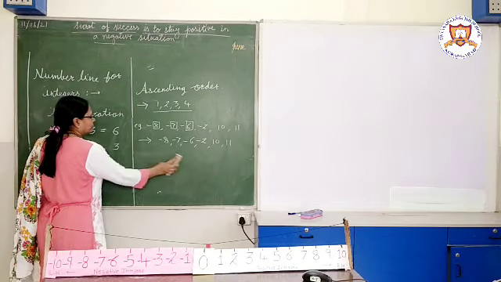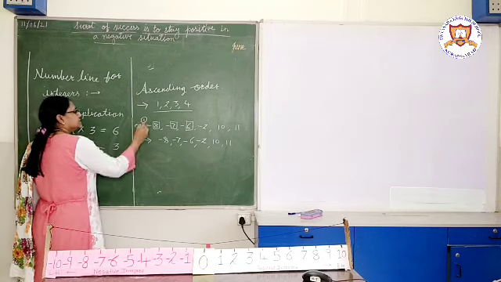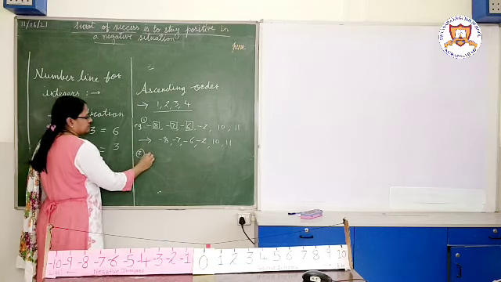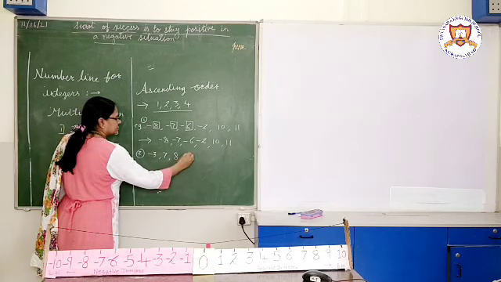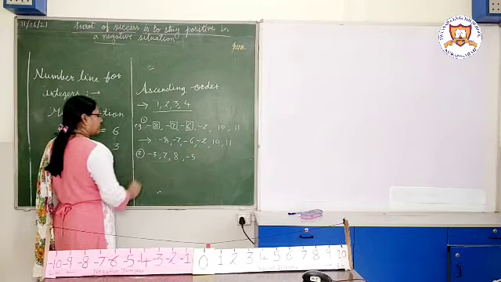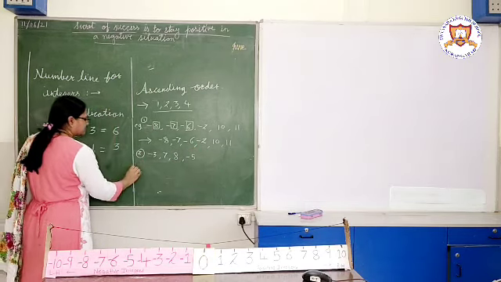Okay, I will take one more example. This one was the first example. Second one: -3, then 7, then 8, then -5. Let us arrange these numbers in ascending order.